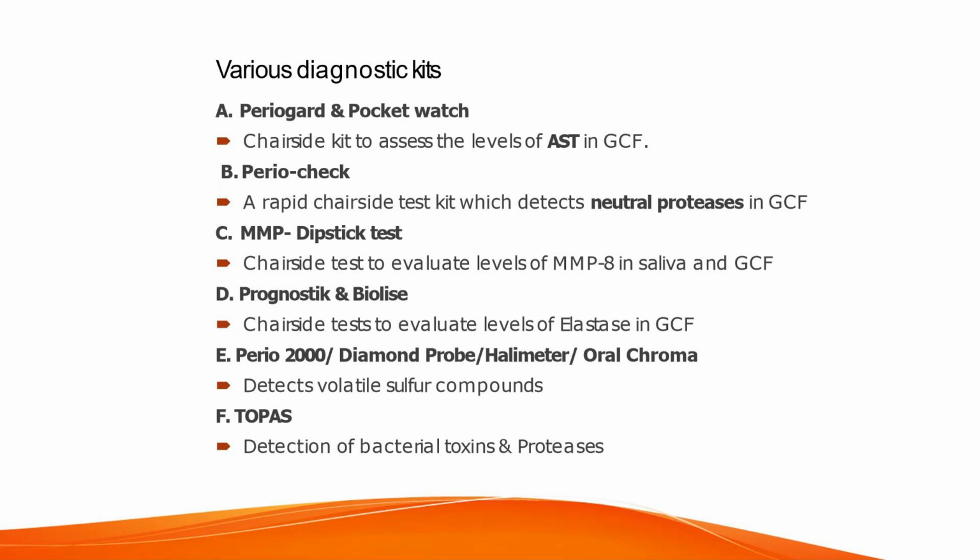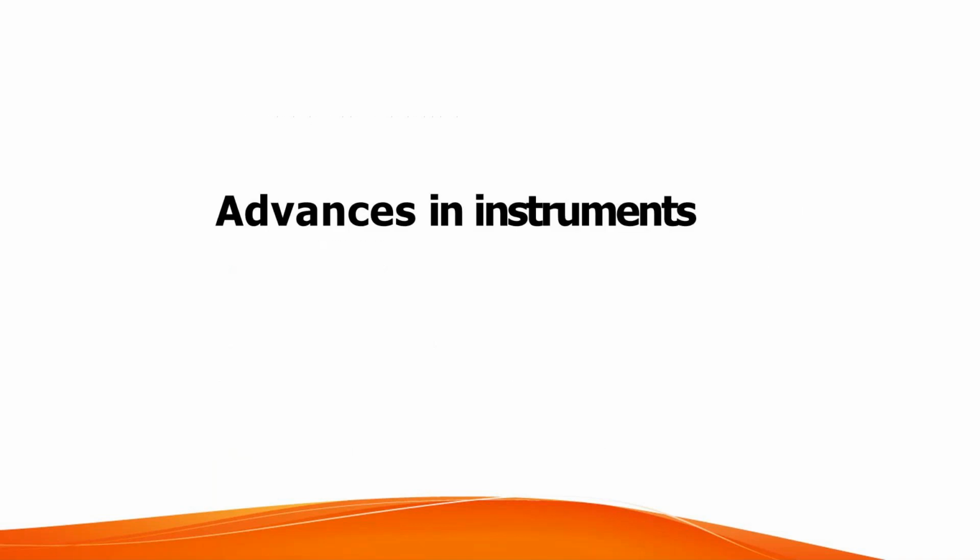Then Prognostik and BioLyse to evaluate levels of elastase in GCF again. Then Perio 2000 or Diamond Probe to detect VSCs, that is volatile sulfur compounds. Then Topaz to detect bacterial toxins and proteases.